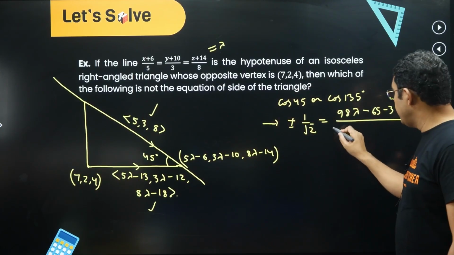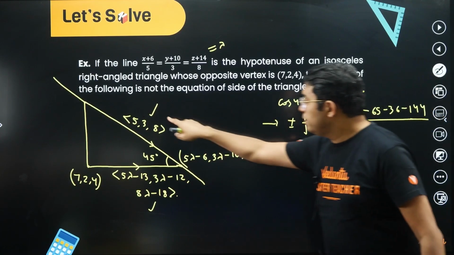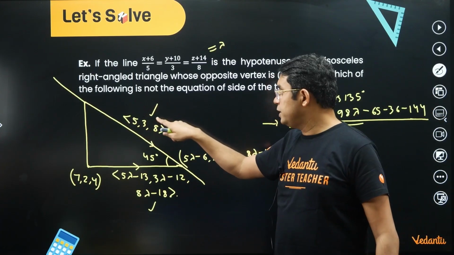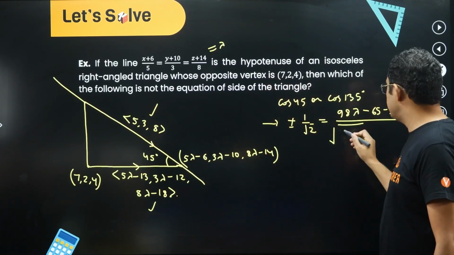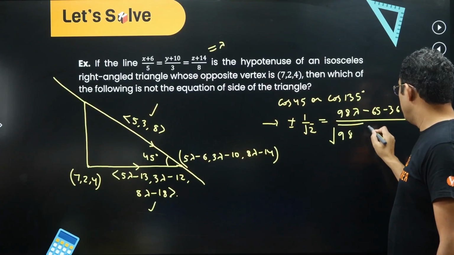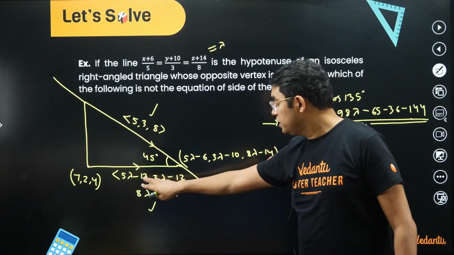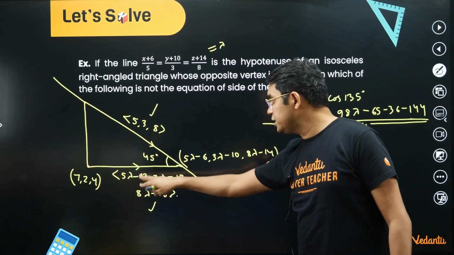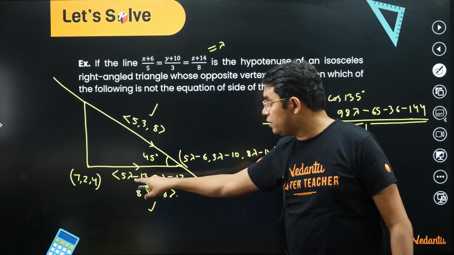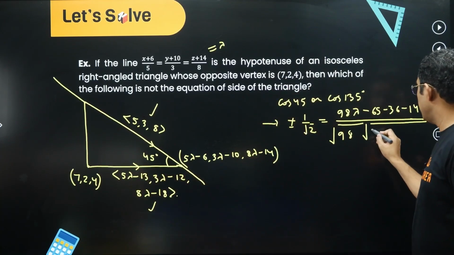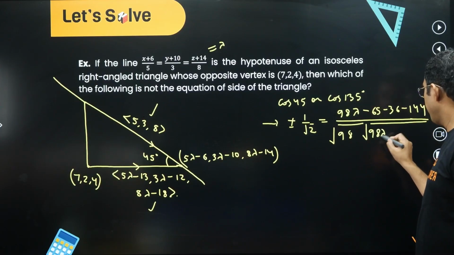Divided by, in the denominator, the magnitude of this, which will be 25 plus 9, 34 plus 64, 98, the same thing as we got here, into the square root of the magnitude of this direction ratio. The coefficient of lambda square will be the same, 98 lambda square.